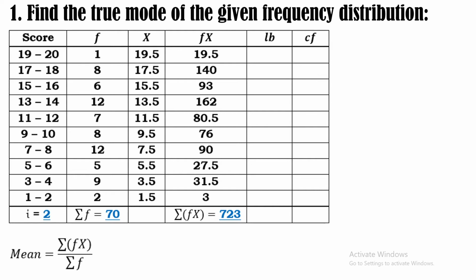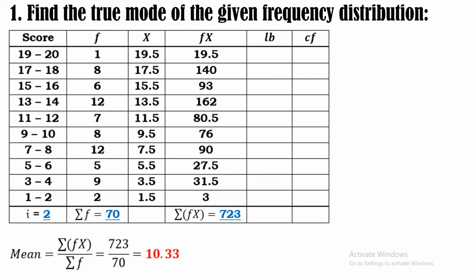By substitution, summation of fx is 723 and summation of f is 70. Dividing 723 by 70, that gives us 10.33. So the mean of the given grouped data is 10.33.